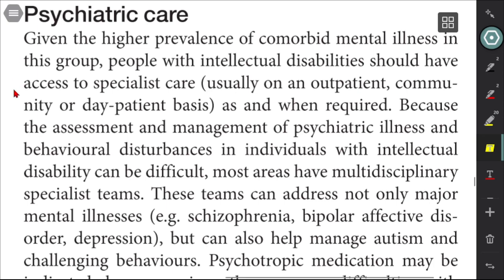Because the assessment and management of psychiatric illness and behavioral disturbances in individuals with intellectual disability can be difficult, most areas have multidisciplinary specialist teams. These teams can address not only major mental illnesses like schizophrenia, bipolar affective disorder, or depression, but can also help manage autism and challenging behavior.